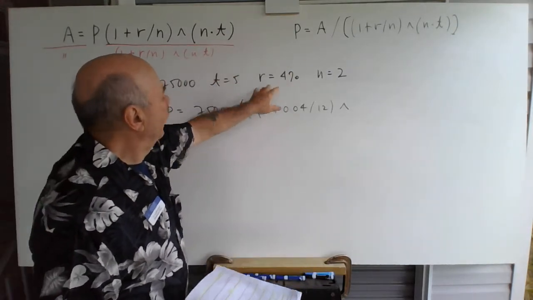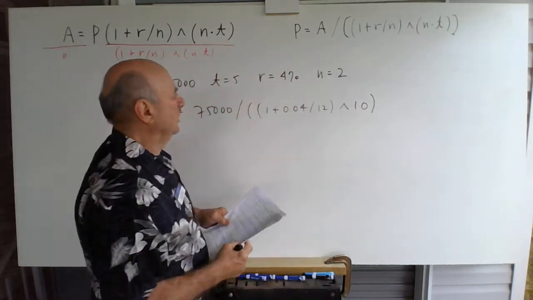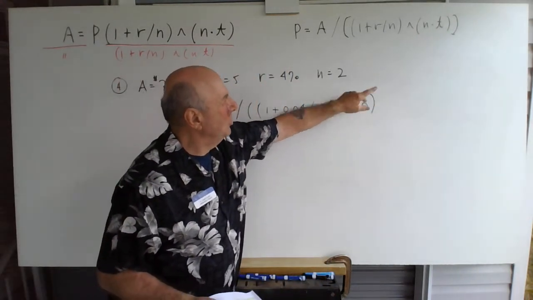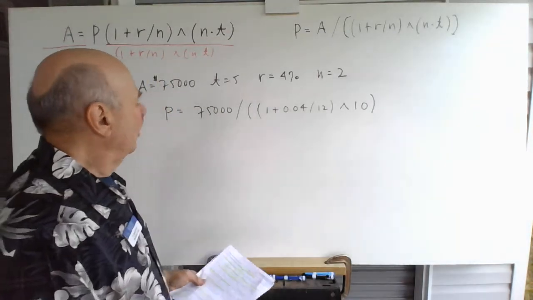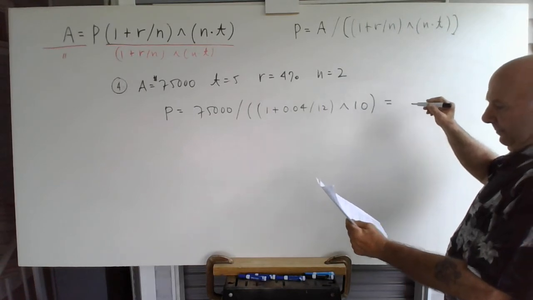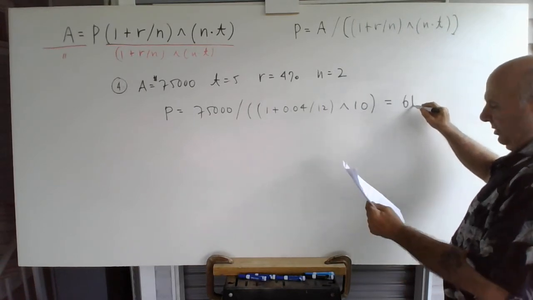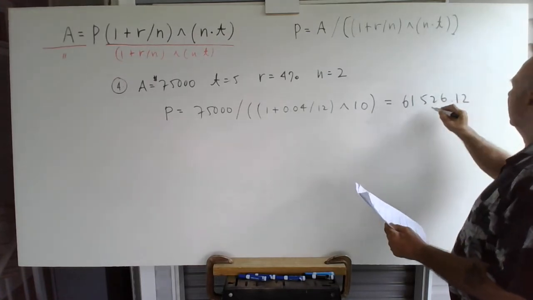You can just write nt. nt is 10. So let's just do that. But we still need the other parentheses. So I just eliminated 5 times 2 and wrote 10 instead of 5 times 2. And so we get $61,526.12.